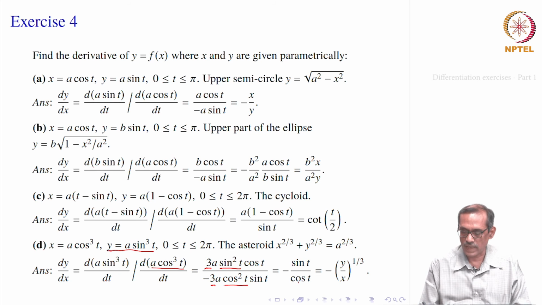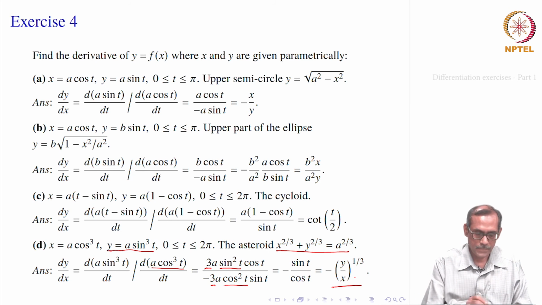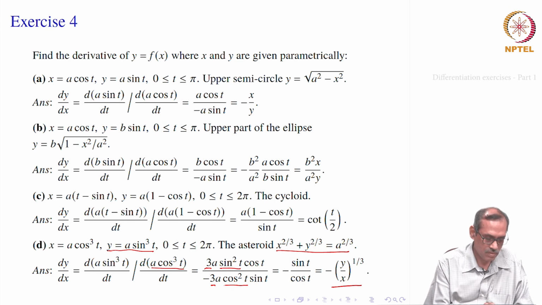So, you get minus sin t by cos t, which you can express also in terms of y by x. Now, this is a nice one to verify directly. If you use implicit differentiation, differentiate this equation directly, you should also get the answer that you can try. Okay. So, we go to the next problem.